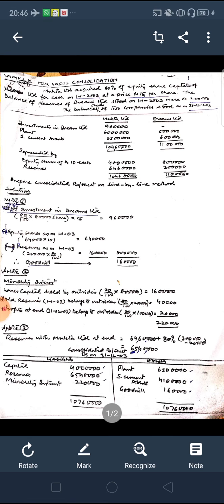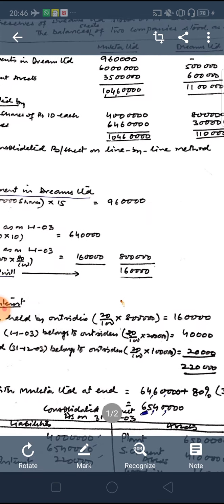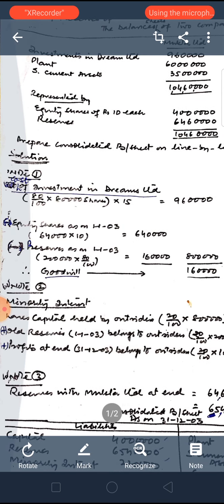If we look at working note number 1, the cost of investment in Dreams Limited: we have got 80% shares of 8 lakhs, that is 6,40,000 share capital. The shares are 10 rupees each, so the total shares acquired are 64,000, at the rate of 15 rupees.